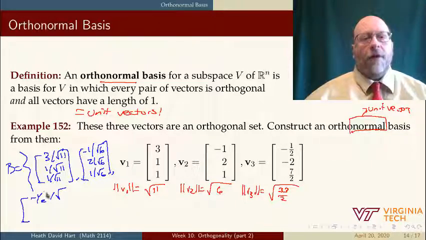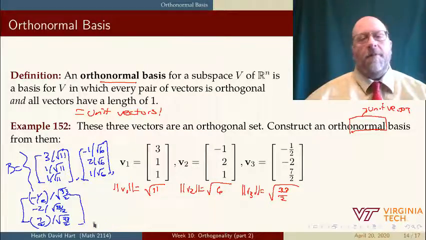And this is something we can definitely simplify. -2 divided by the square root of 33 halves, and 7/2 divided by the square root of 33 halves. I'm not going to take the time to simplify that, but we could if we wanted to.